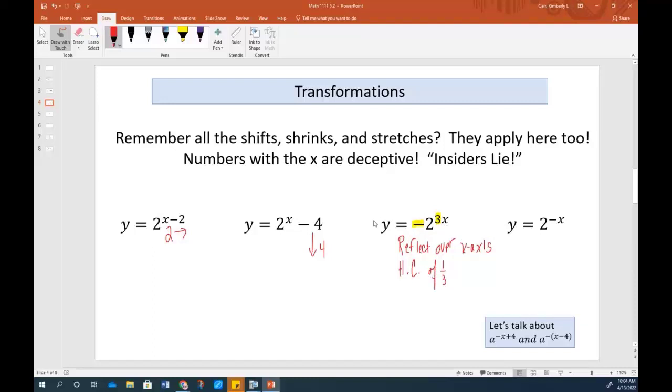In other words, it would only take 1/3. Instead of saying, oh, I'm going to go over 1 and get a 1, you would just go over 1/3 and then you get a 1. But just remember that with the x, it's lying. Now here I have a negative and it's in front of the x. So this is a reflection. It's just in front of it, but it's a reflection over the y-axis.